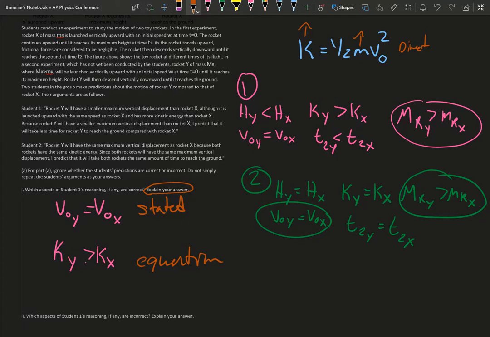And rocket Y has a larger mass than rocket X, so therefore it does have a larger kinetic energy due to the kinetic energy equation KE equals 1/2 mv squared. Your velocity is the same, so the only thing that changes is your mass. If mass increases, your kinetic energy increases, which is a direct relationship. So the more you can add to it, the better, because you can prove that you know the information.